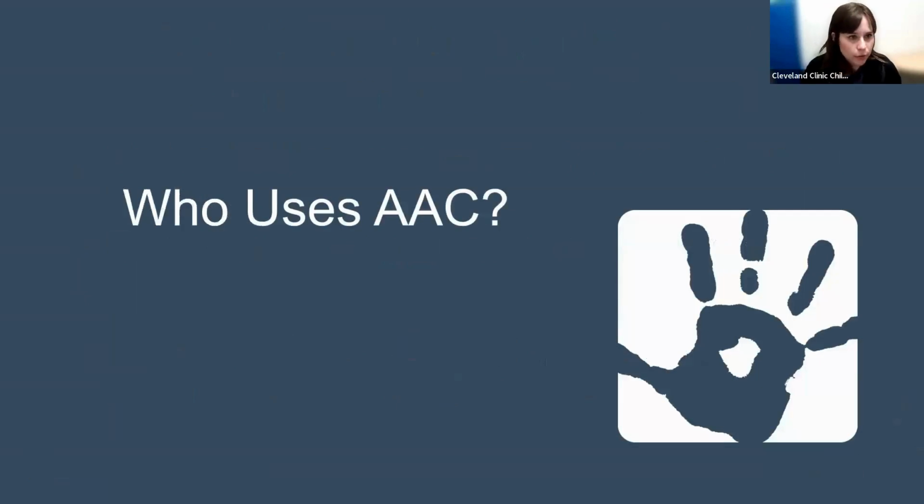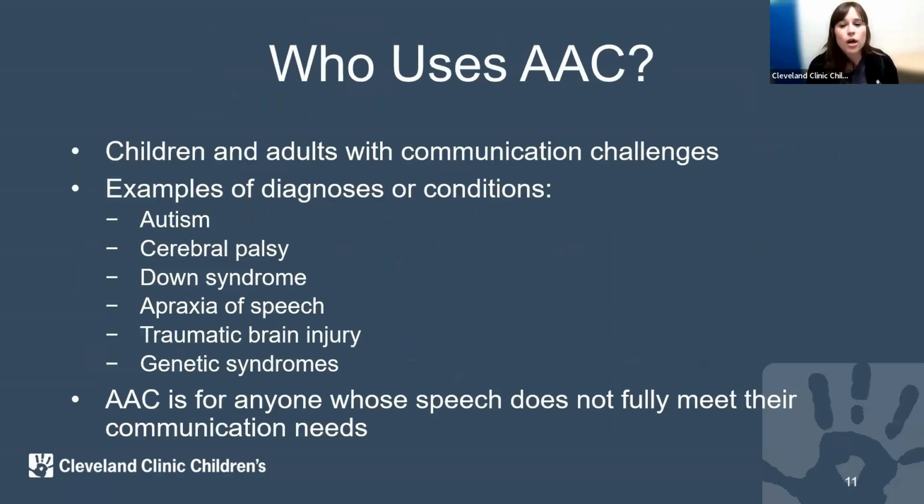So who are some typical people that you see that use AAC? These are children and adults that have communication challenges. Some example diagnoses or conditions, we see a lot of autism, cerebral palsy, Down syndrome, apraxia of speech, which is a speech disorder where it is difficult for the individual to make the motor movements needed for speech production.